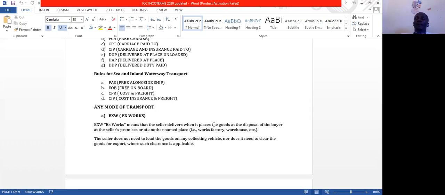It is like somebody comes telling you, okay, these are the goods which you wanted, from his warehouse. From there, it is upon you, the buyer, to organize how these goods are going to be carried from here up to the port of loading. The risk which might occur along the way when you're transporting them, you are the one to bear that particular risk. If, for example, you get an accident and they get damaged, the seller is not to be blamed.